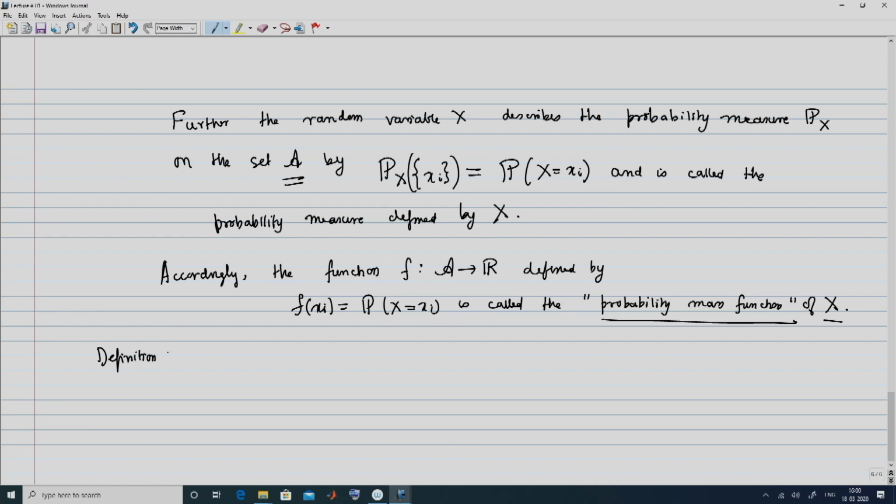Now, once we have this probability measure and the probability mass function for x, naturally we have to talk about independence.